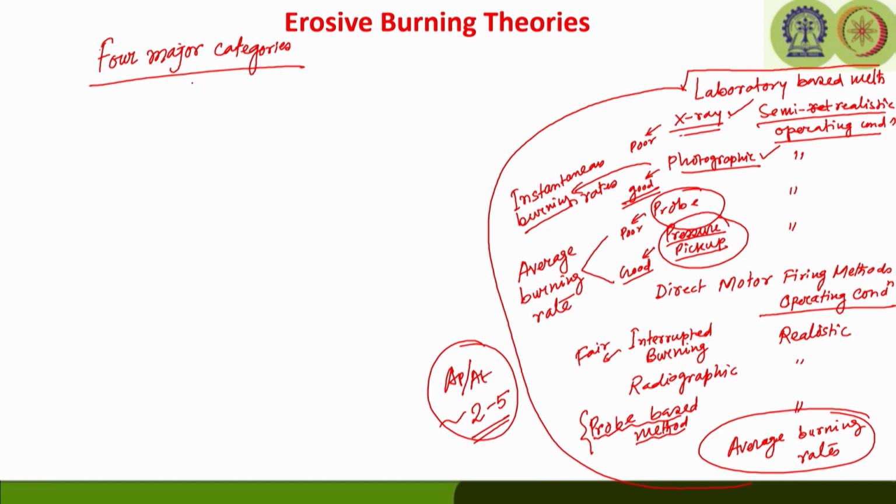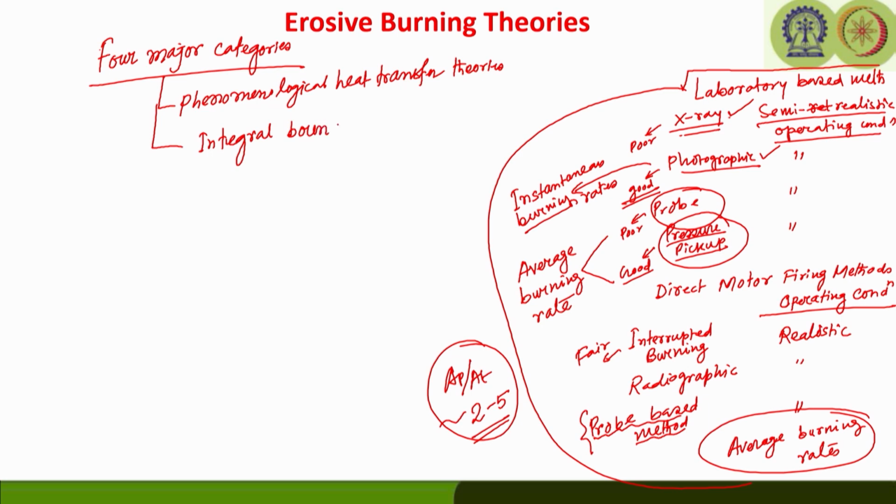So, the first is the model based on the phenomenological heat transfer based method, which will actually give more importance to this one. So, this is phenomenological heat transfer theories, this is one category. Second category is integral boundary layer theory.